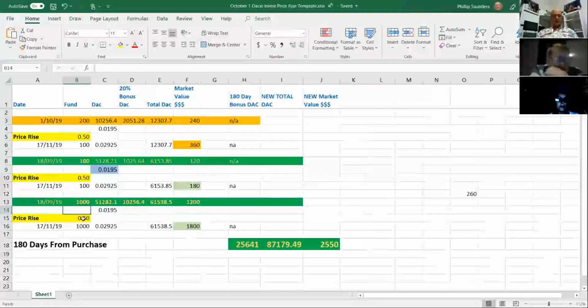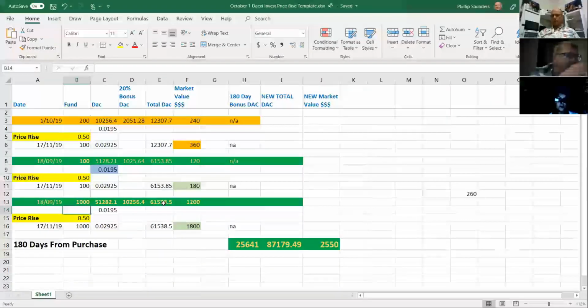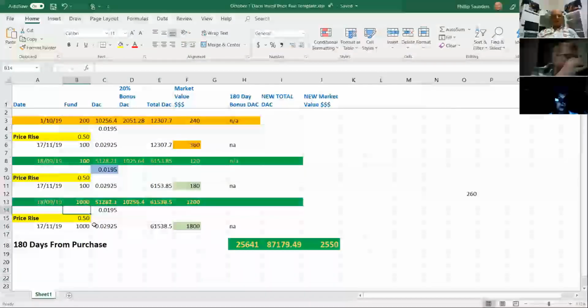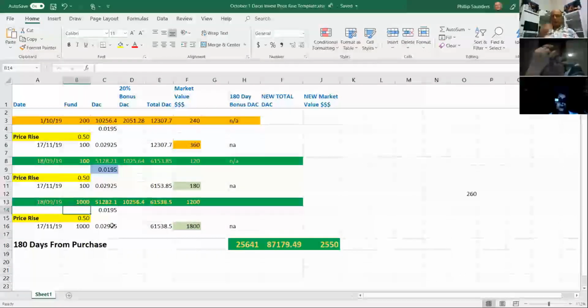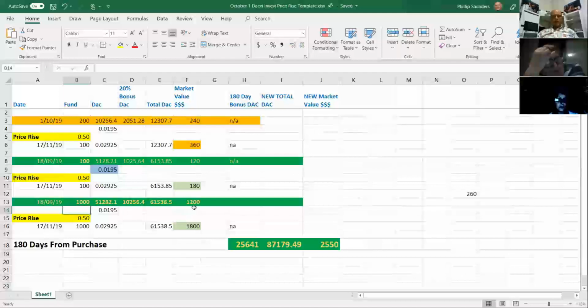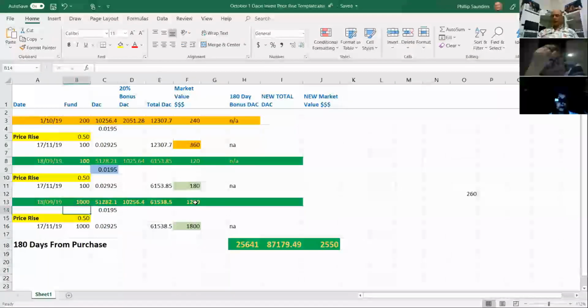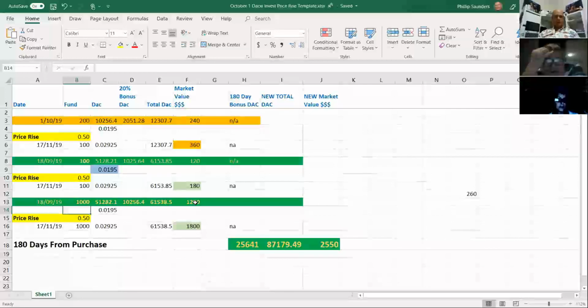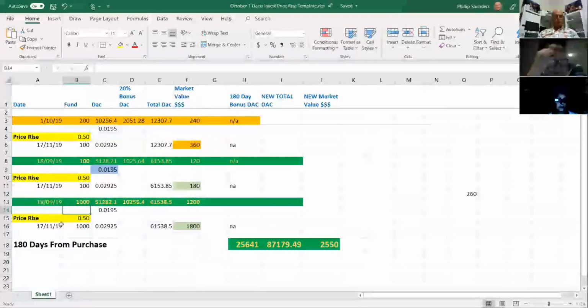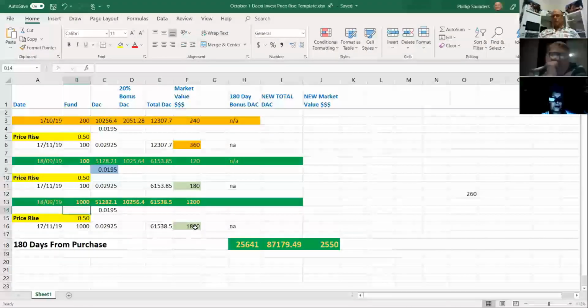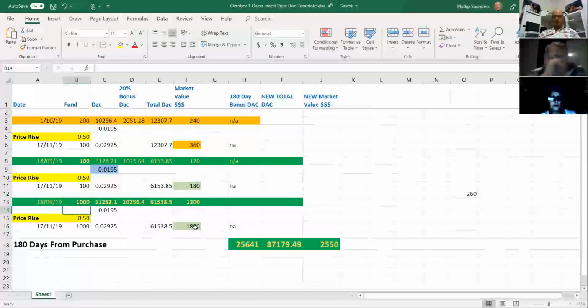It's still going to be the same amount of DAC that you bought, but we rework the pricing based on the fact that it's gone up 50%, and the $1,200 value of your initial funding now goes to $1,800. So on the 17th of the 11th, your $1,000 worth of funding has turned into $1,800 worth of DAC at market price.